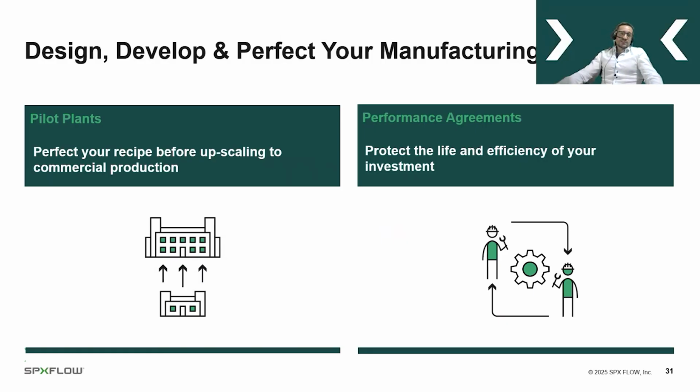Those facilities would allow you to test new ingredients and to do recipe development, so you can try new formulations. You can make use of our experts that are working in those research and development centers. And it would be the perfect way to validate process parameters before you decide to scale up into industrial flow rates.